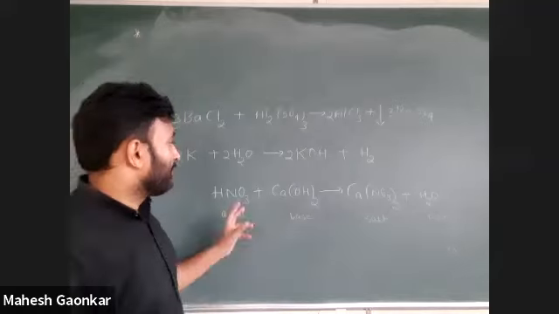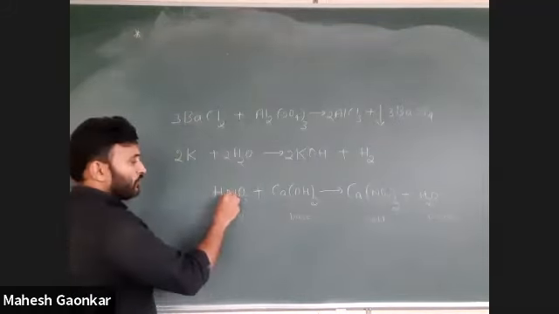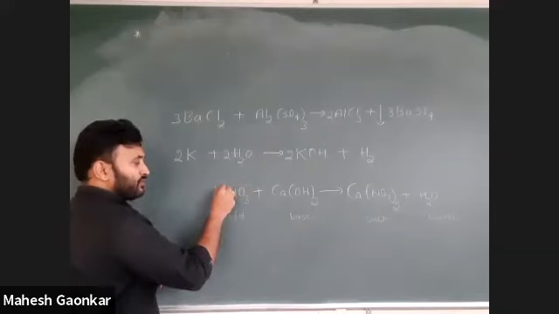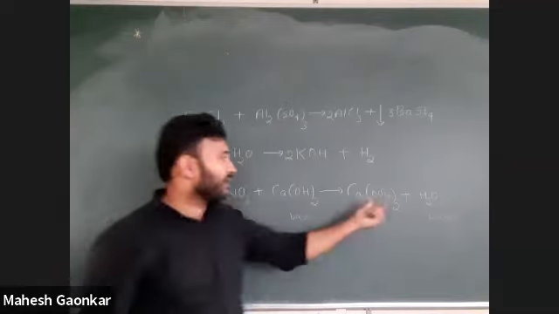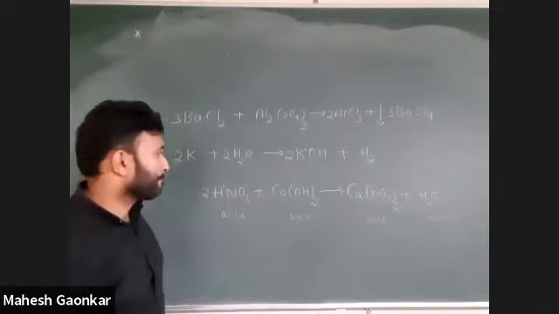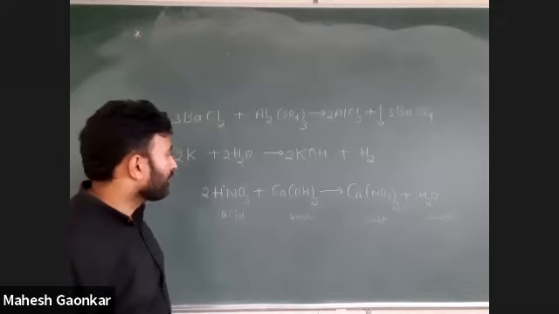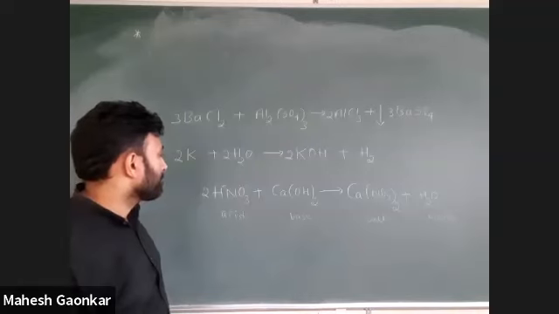Fine. So let's balance now. Here it is NO3 twice. It is actually NO3 minus and H plus, that's how it has formed. So here we have got NO3 twice. That means here we should have 2 HNO3.